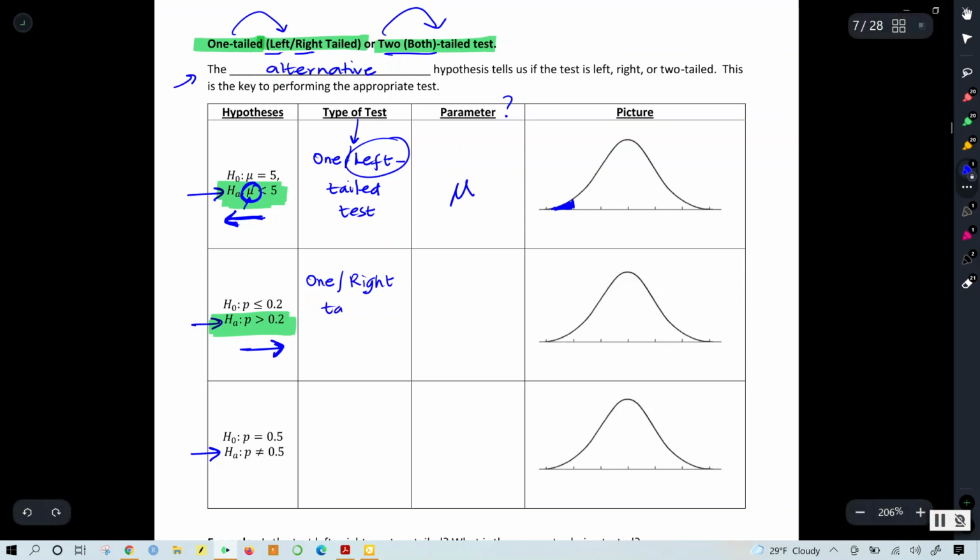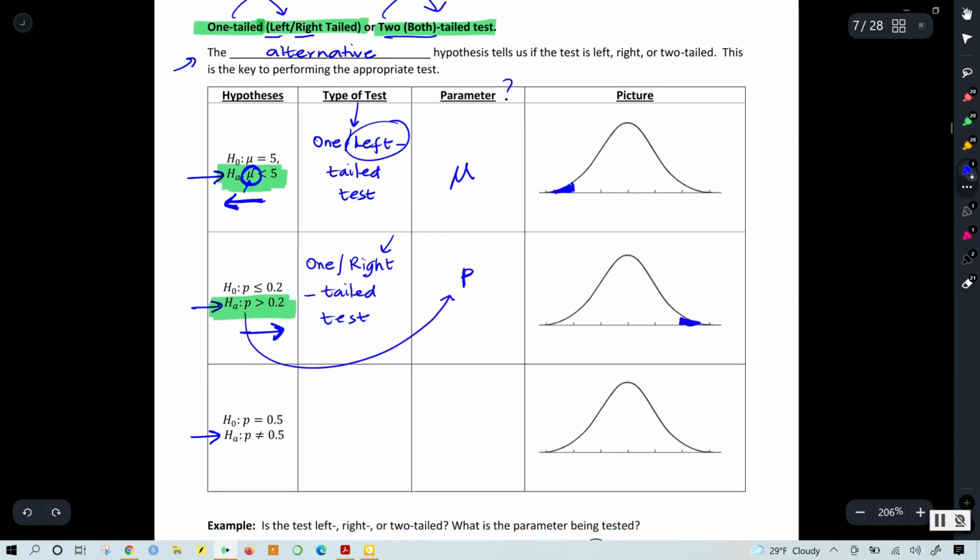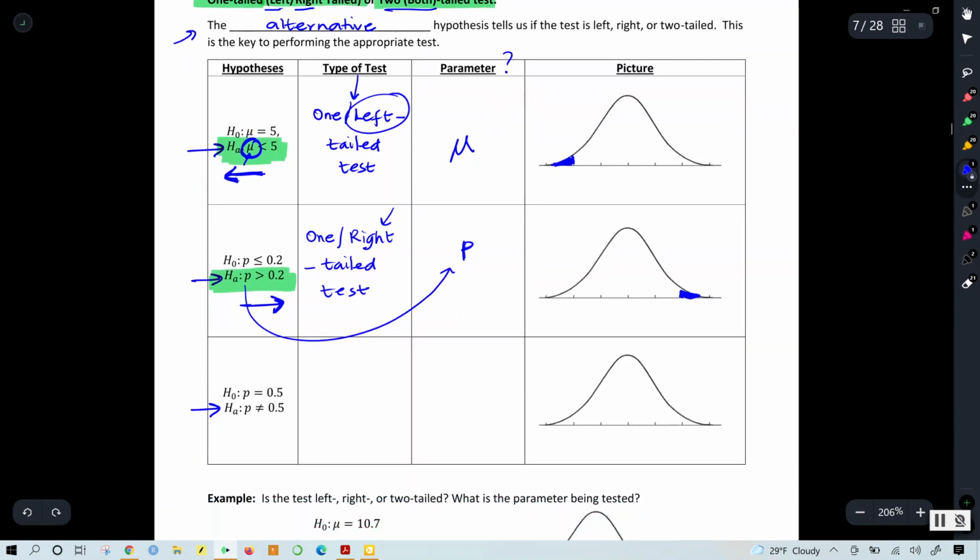So right-tailed test. And this is about testing a statement about the population proportion. And since it is on the right, we expect eventually all probability considerations to be on the right. We will talk more about this later. Flow with me and you will see where we're going.